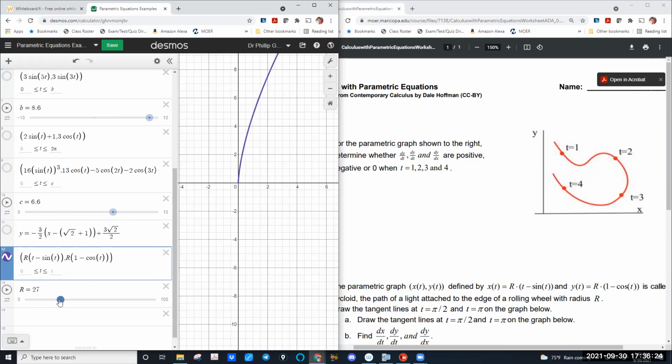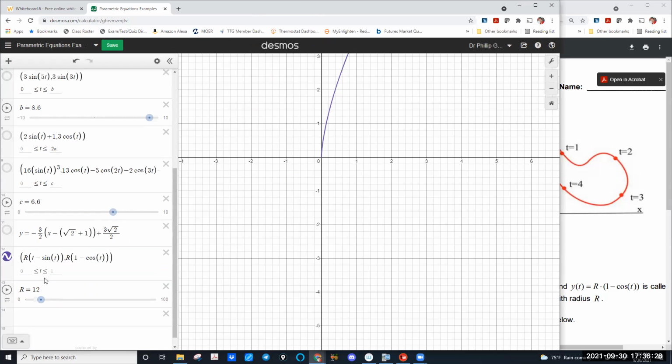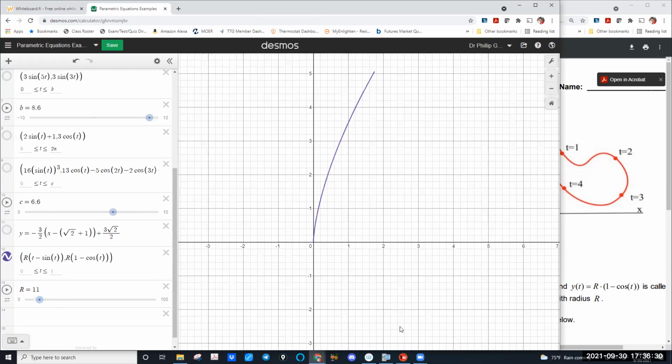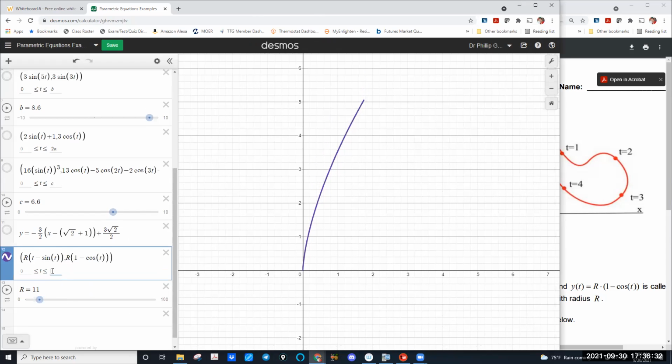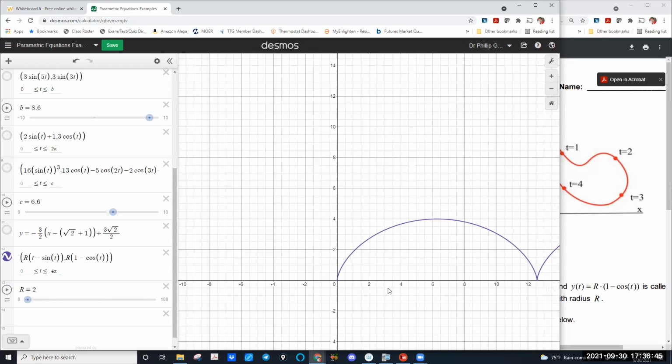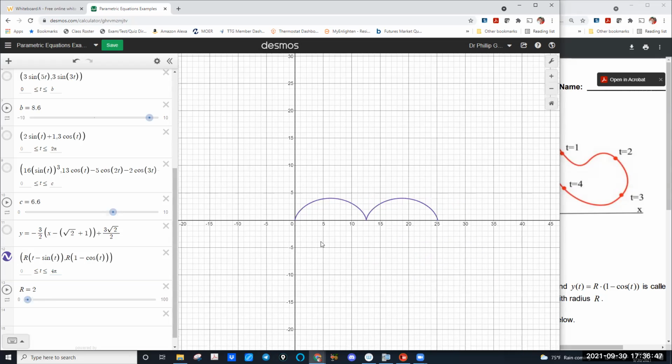Oh, okay. So what R does is it increases and decreases the radius, right? But if I want to get my cycloid, I've got to increase t. So let's make it a little smaller so you guys can see it. And let's zoom out. There's our cycloid.